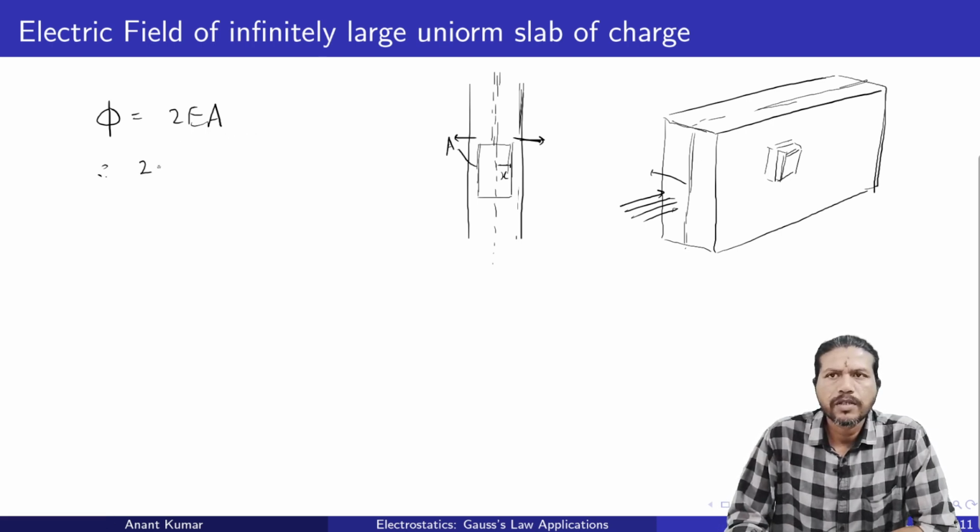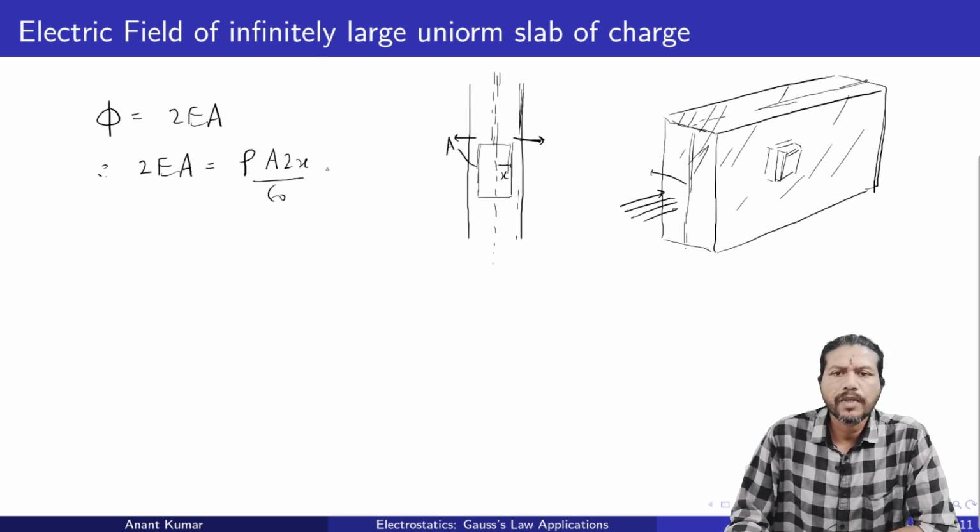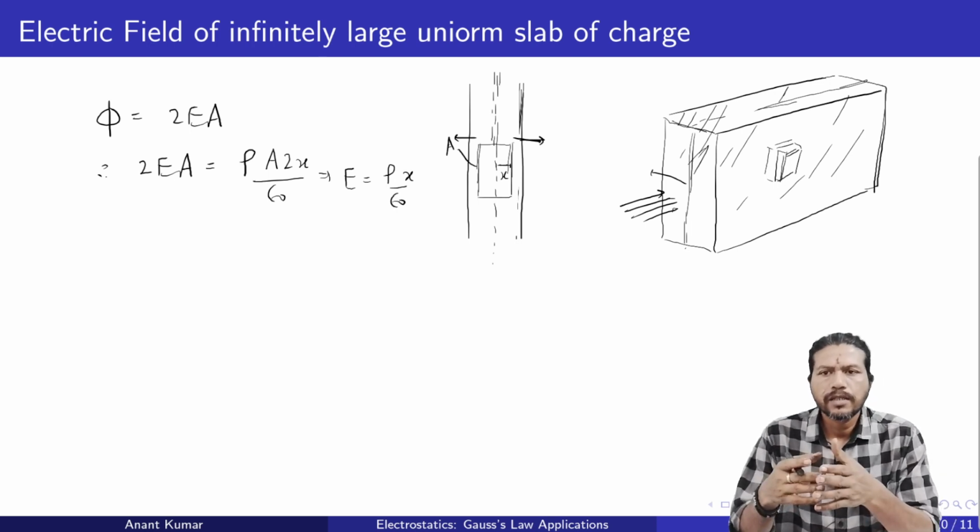The charge enclosed is the density of the charge, which I'm assuming this slab is filled with, a volume density of rho, times the volume, which is the area into the width 2x, divided by epsilon naught. This gives the electric field as rho x upon epsilon 0. So the electric field varies linearly as long as we are inside the slab.